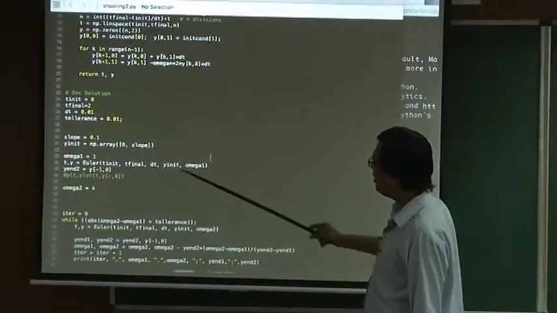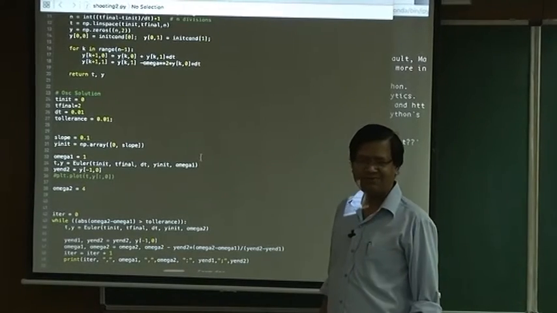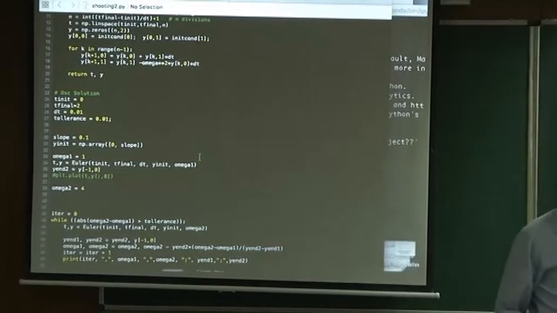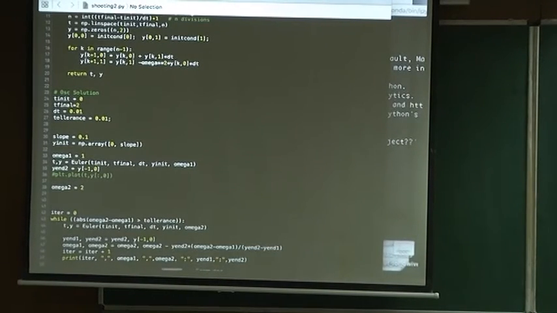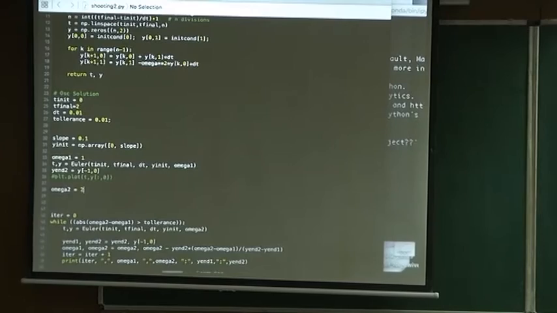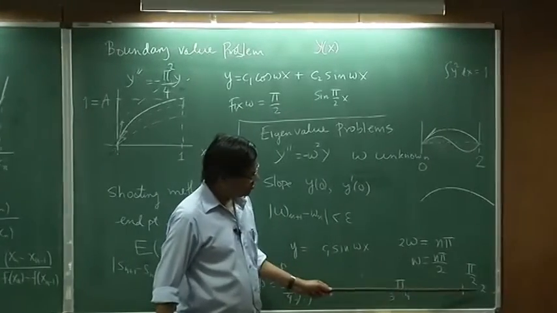Omega 1 is 1, omega 2 is 4. Actually, I should not use 1 and 4. Let us use 1 and 2. I am looking for the pi by 2 solution, the ground state, because the first solution is pi by 2, which is bracketed between 1 and 2.